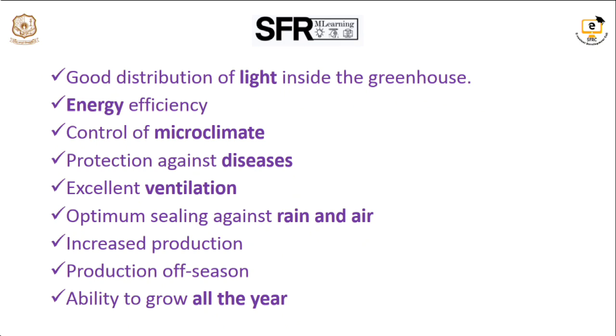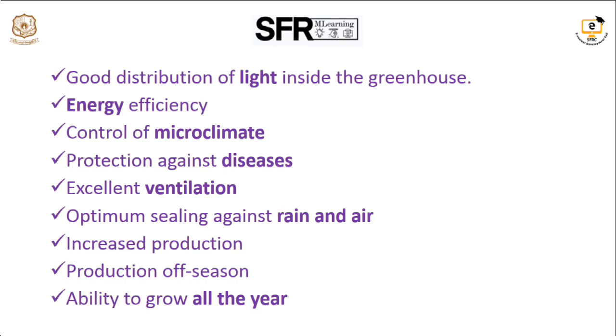One of the main advantages of the greenhouse is to control and establish the optimal environment for cultivation. You can adjust the temperature, humidity, lighting, etc. So the microclimate is very essential and important for the growing of plants. Okay.